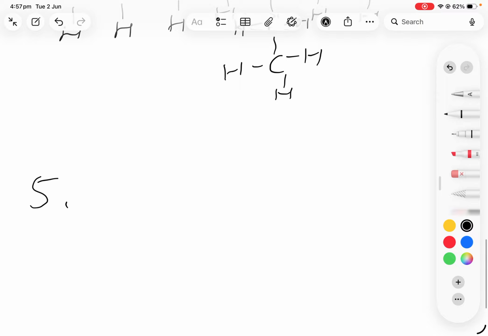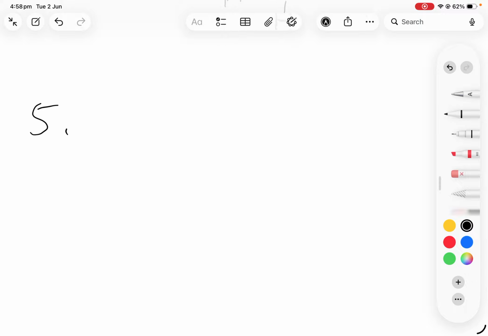And let's do which question? 5. Petroleum contains many substances that have the same formula but different structures. Draw the structural isomers and write systematic names of all isomers. This is gonna take a long time. Okay, let's do it first. So pentane, right?